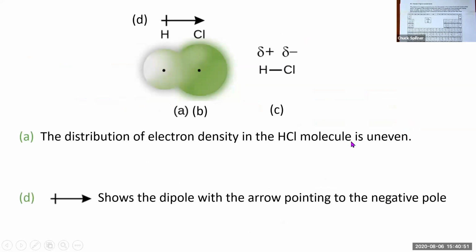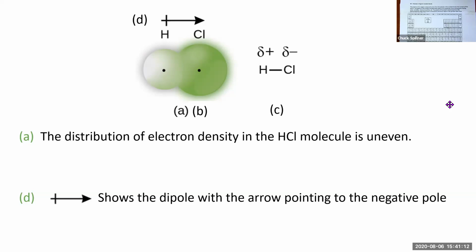We said that all bonds that have a difference in electronegativity have a dipole. And that's what this shows. This shows a bond, HCl, with a dipole.